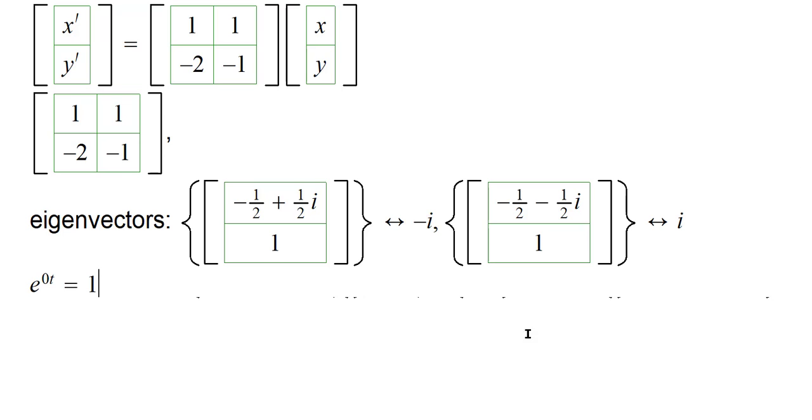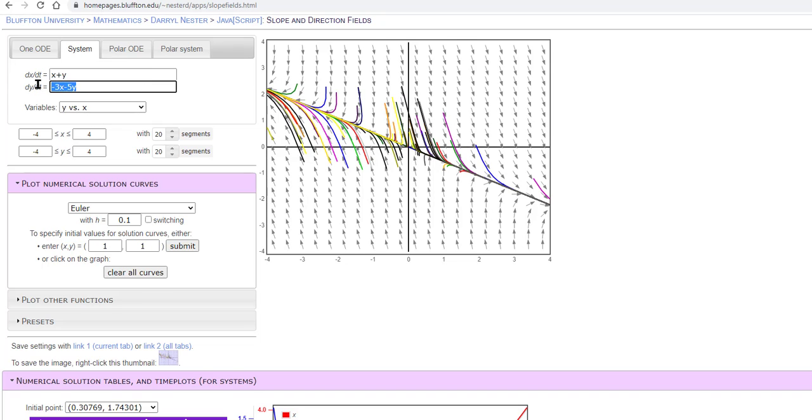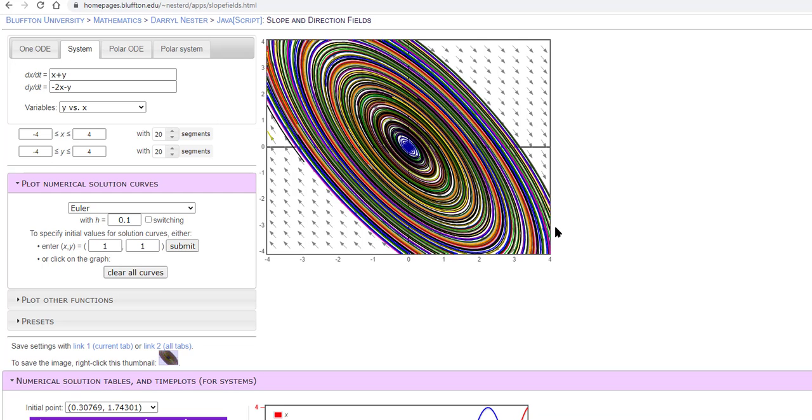So let's see what the solutions of this look like. Here we are again at the slope field plotter, and what we got here is x plus y, and on the bottom we have negative 2x minus y. And now what we see is we don't have a spiral, we just have closed solutions.